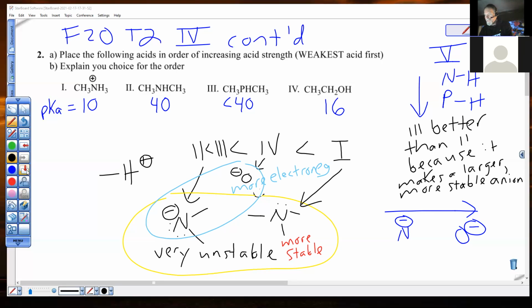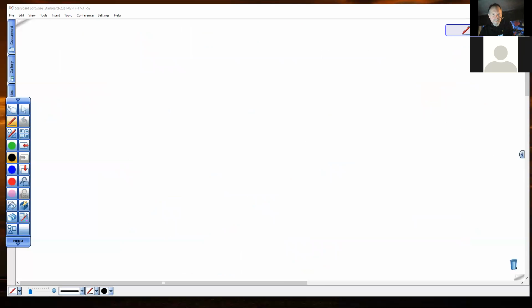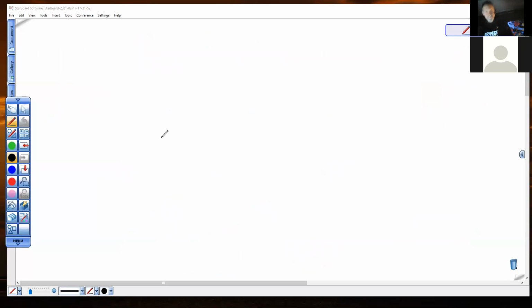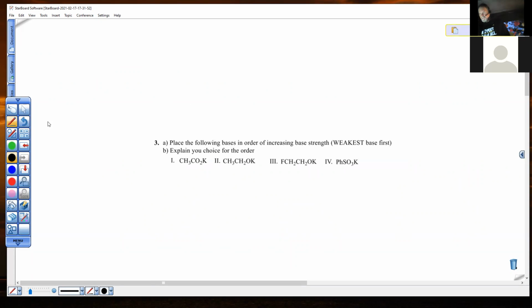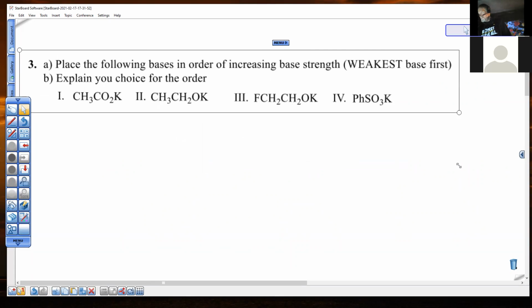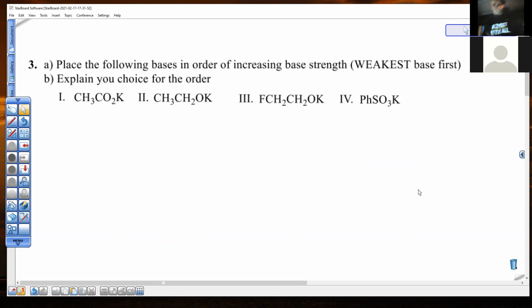And we wanted to do number 3 as well. And here we go. Place the following in order of increasing base strength. I have to flip the script here. All right, so I'm going to draw the conjugate acids under here.